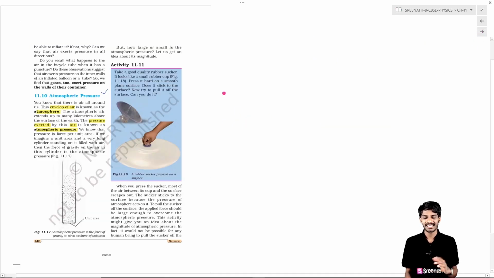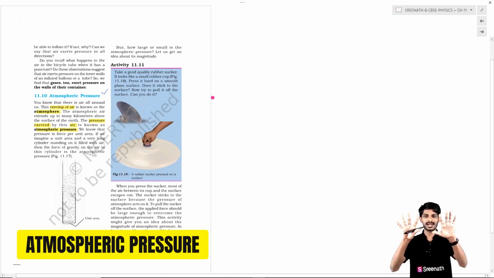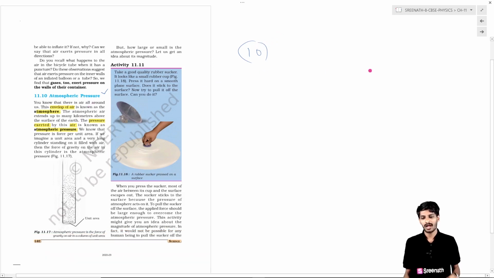So we have completed the 9th topic. We are coming to the 10th topic. What is meant by atmospheric pressure? Basically, what is meant by atmosphere? The envelope of air is known as the atmosphere. On earth there are large numbers of air molecules.